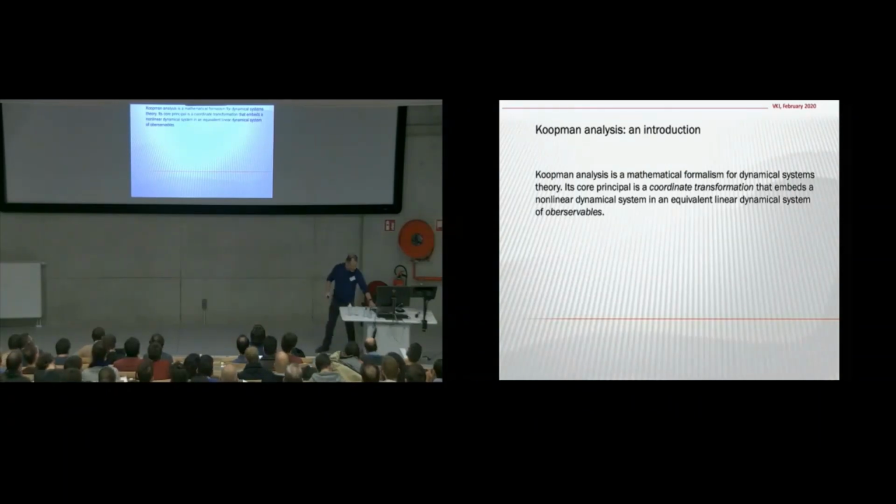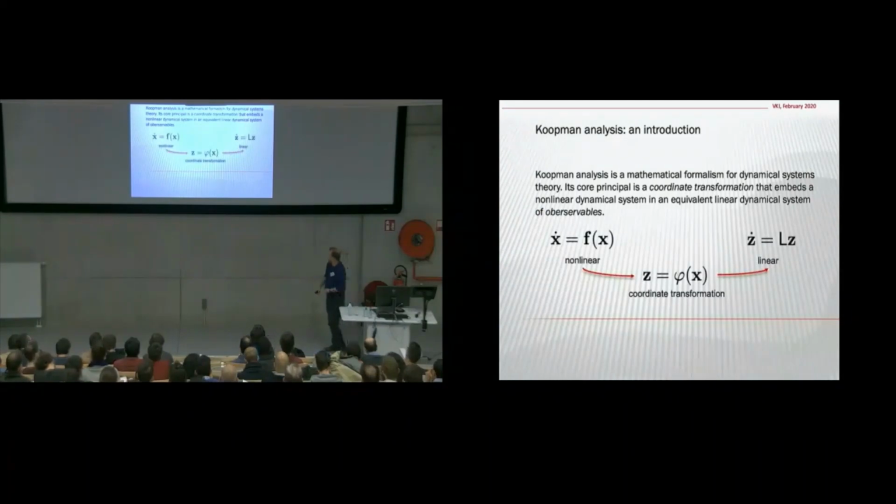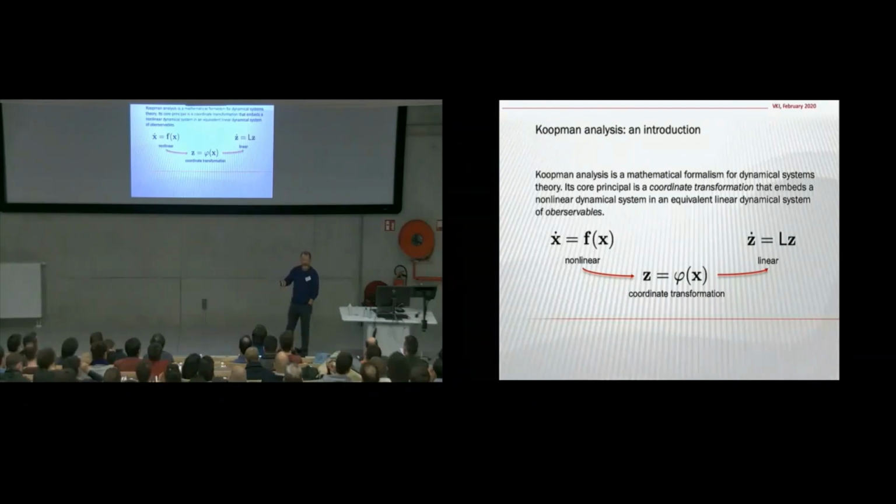So if you want to write that down with a little bit more mathematics, we have x dot is equal to f(x), that's the nonlinear dynamical system, and then some magical transformation z with new coordinates phi of x gives us a linear dynamical system, z dot is equal to L times z. Okay, of course, then we have to figure out what that coordinate transformation is and what that coordinate transformation is actually turning our nonlinear dynamical systems into. So the operator L has to be recovered just as well.